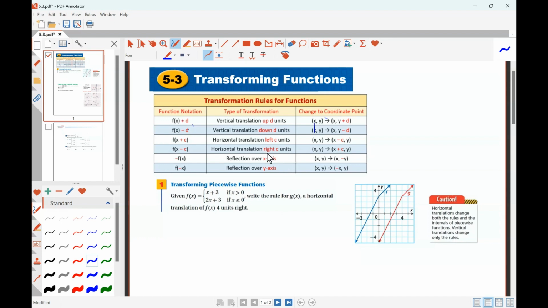So by the points, since you are just changing the sign of the function, the change is outside, the y will be affected, not x. On the other hand, reflection around y means the change is inside, you change the sign of x. So when you change the sign of x, the change is inside, so it becomes f of minus x. And in the point, the sign of x will be changed, y will remain same.